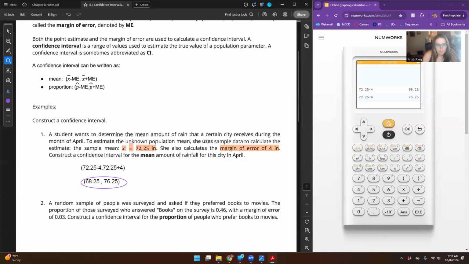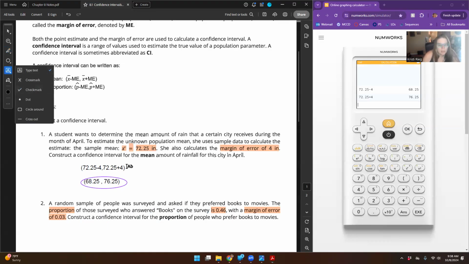Okay, next up we have a proportion. So it tells us in the problem that the proportion of those surveyed is 0.46. And it says, oh, the font looks a little weird, but the margin of error is 0.03.